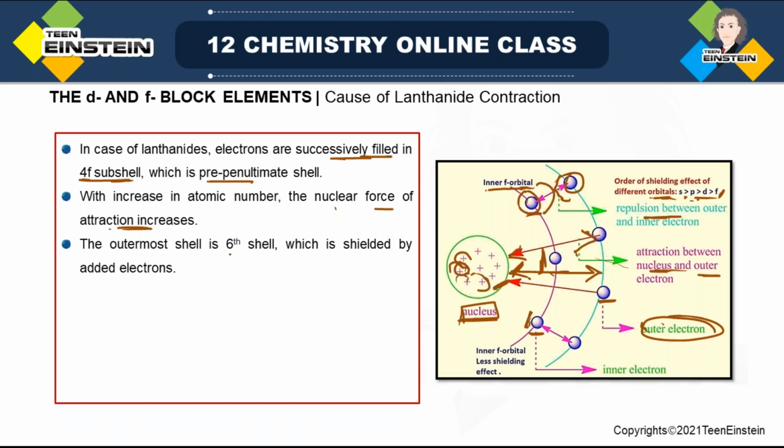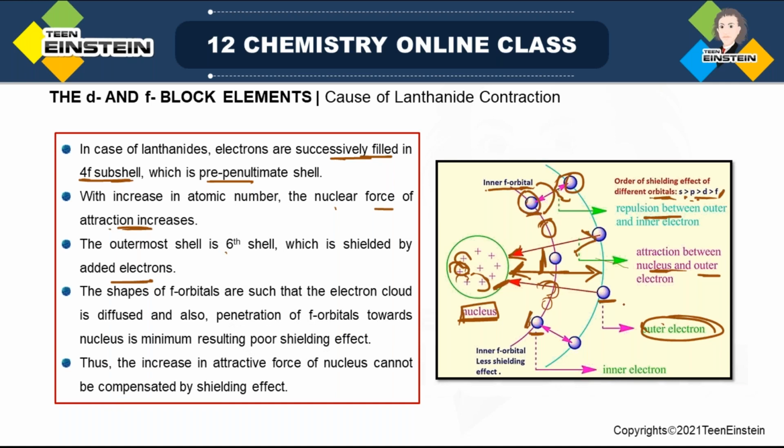Now the outermost shell is the 6th shell, that is 6s, which is shielded by these added electrons, because the electrons that are added as atomic number increases are added in the inner f orbital. But the outermost orbital, the 6s electron, is fixed. So there should be some shielding, but this shielding is very poor.